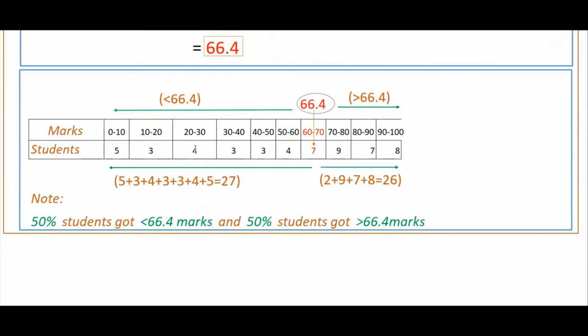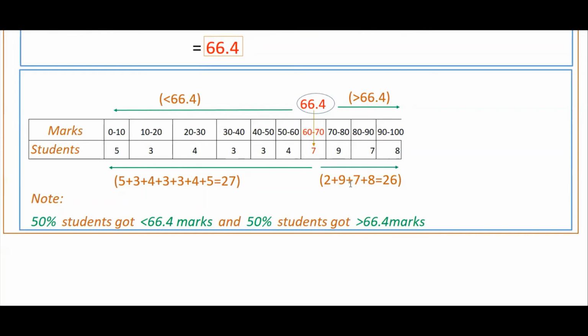And if you add all these numbers of students, 5 plus 3 plus 4 plus 3 plus 3 plus 4, and again 66.4 is nearer to 70, so you can take approximately 5 students here. So that is 27. And here you can take the remaining students, 7 you can divide into 5 plus 2.